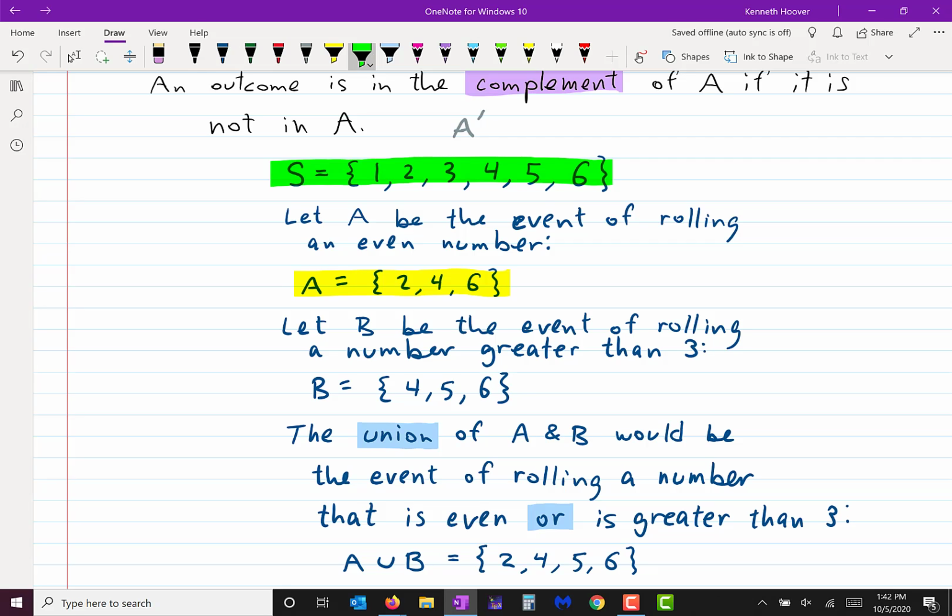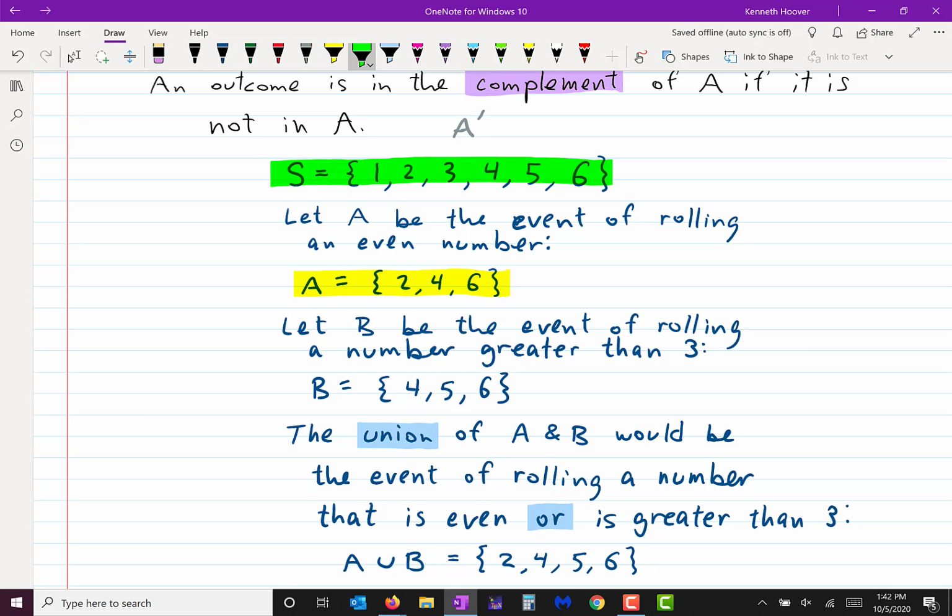The frequency of A would be 3. The relative frequency of A would be 3 over 6. And when you roll a die, you won't necessarily get an even number 3 out of every 6 times, but in the long term, you would expect that. So the probability of A is just the number of outcomes in A divided by the number of outcomes in the sample space.